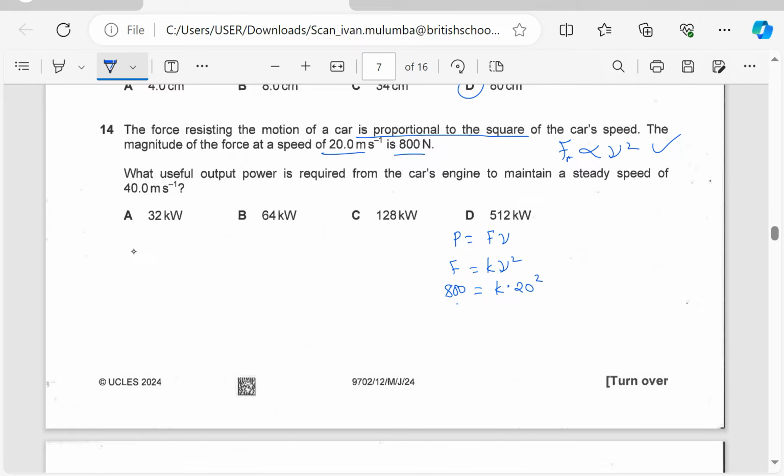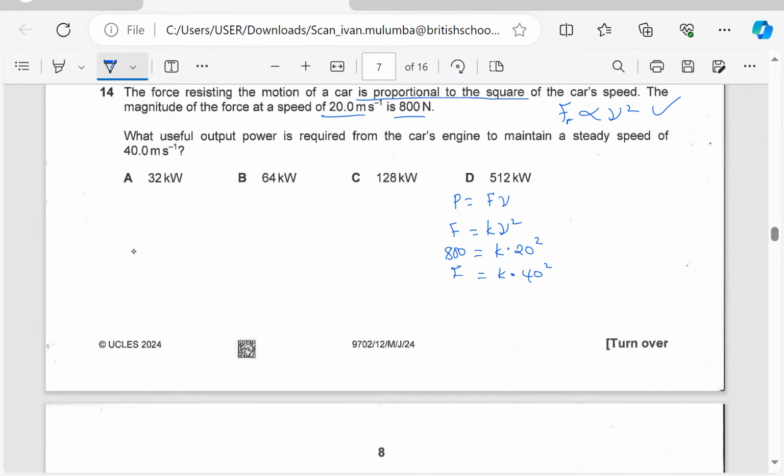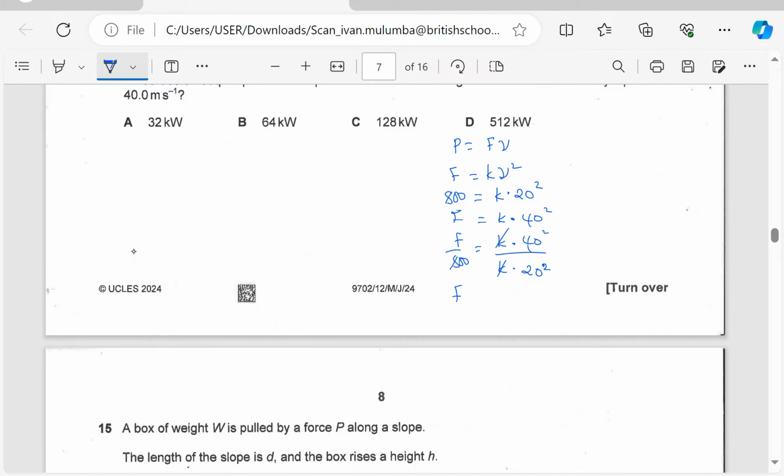We have the unknown force equals a constant times the speed, which is 40 squared. So I'm dividing the two equations. So F over 800 equals K times 40 squared over K times 20 squared. So K cancels out. So F is going to be 40 squared over 20 squared times 800.